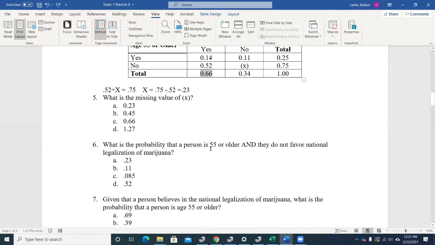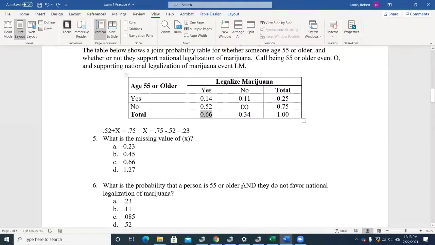So what's the probability a person is 55 or older and they do not favor the national legalization of marijuana? If I'm looking for an and, what I'm really thinking about there is the probability of an intersection. We said the top 4 cells represent the intersections. So the probability someone is 55 or older and they do not favor legalization would just be this cell right here, or that 0.11.